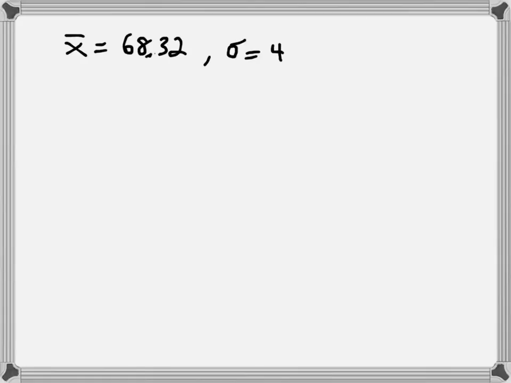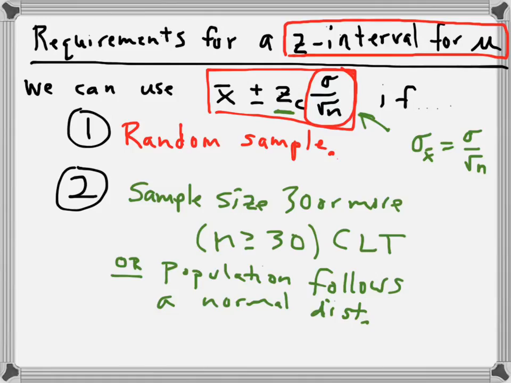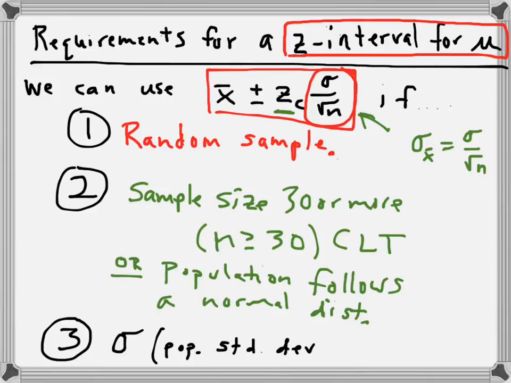Let me go back real quick. This isn't in your book. The book only has 2 requirements of the z-interval, but I just wanted to put in this third, and this is what we already started with. Sigma, which again is the population standard deviation, is known.